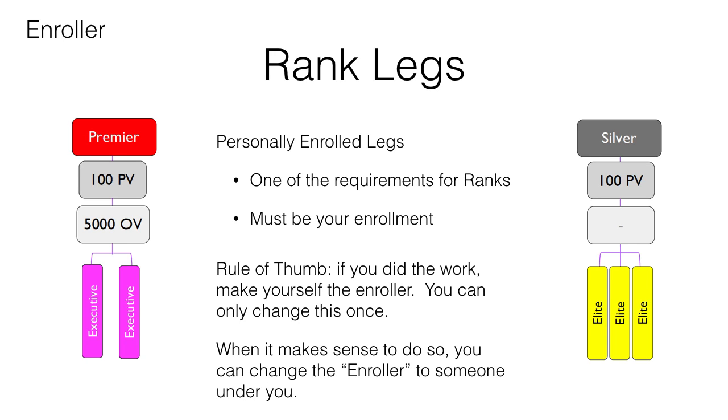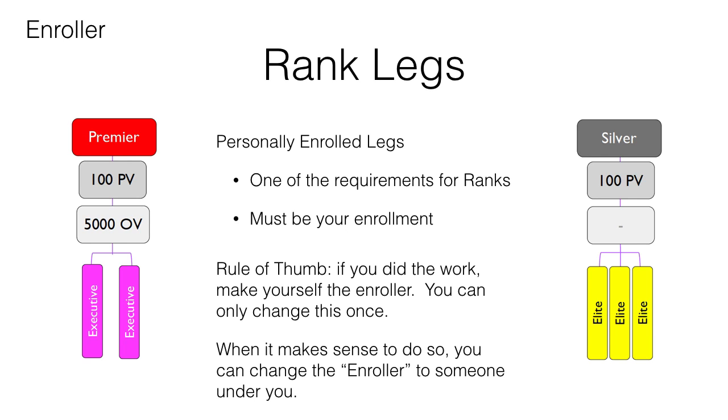the business, and she's progressed to a point where she could become premier, and Susan is executive, but you were the enroller of Susan, and you placed Susan under Janice. You could then change Susan's enrollership status from you to Janice, so that Janice can reach the rank of premier.